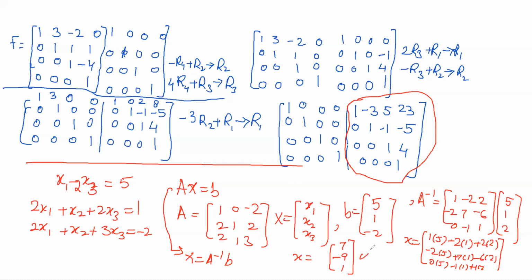There is a mistake here: 6 by 2 is 12. In the second row, I made a mistake. So it will be minus 2 times 5 plus 7 times 1. Minus 2 times 5 is minus 10. Minus 10 plus 7 is minus 3. Minus 3 minus 12 is minus 15.